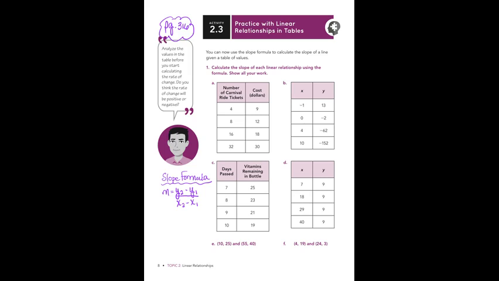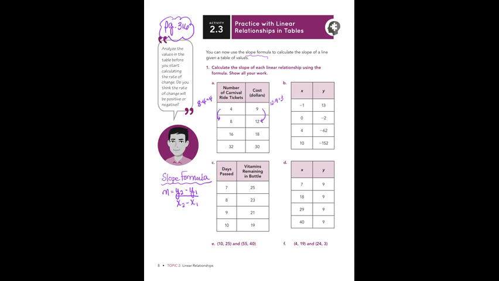When we get to these first tables, it says use the slope formula to calculate the slope of the line in given table values. I'm going to do both. I'm going to show you that I want to find the change from this y value to this y value, and that would be 12 minus 9, and that's 3. Then I need to find my change in x over here, which would be 8 minus 4, which is 4.